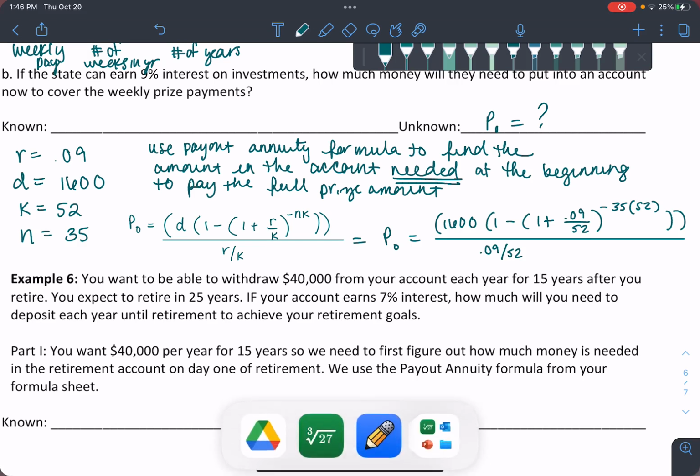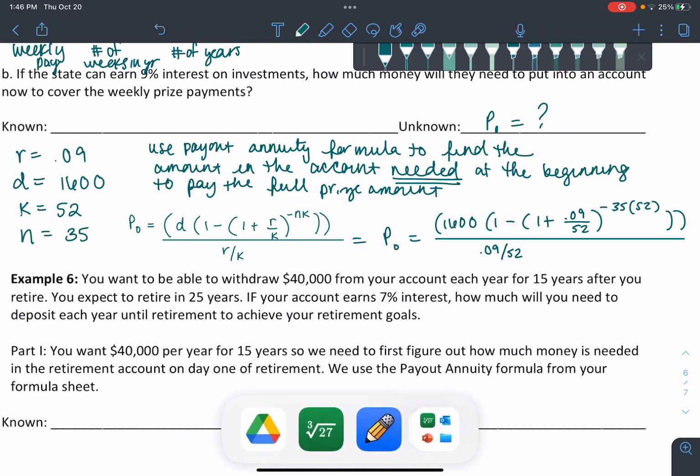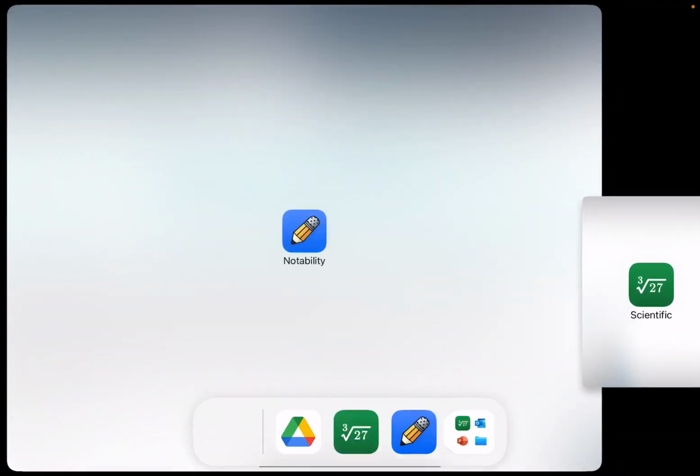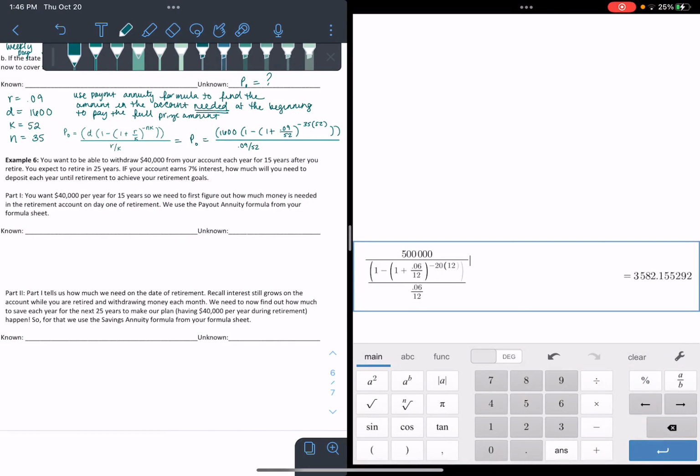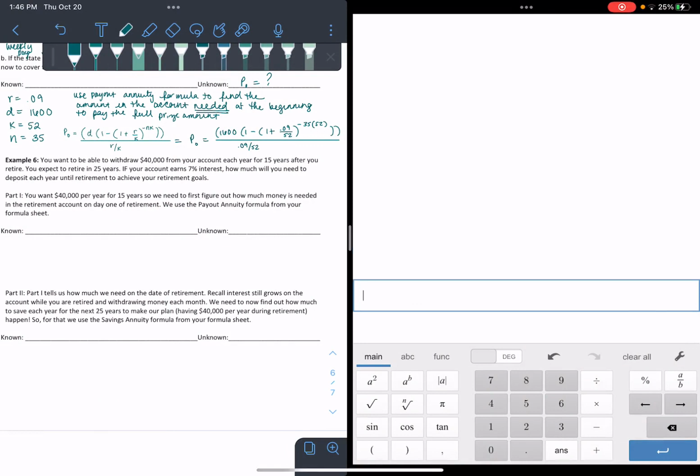Okay, so now we're going to plug it in our calculator because this is nice and easy peasy from here on out. So let's go ahead and do that. Let me put the fraction first. There we go. 1,600 times 1 minus 1 plus 0.09 divided by 52.